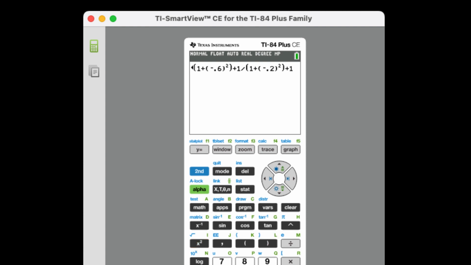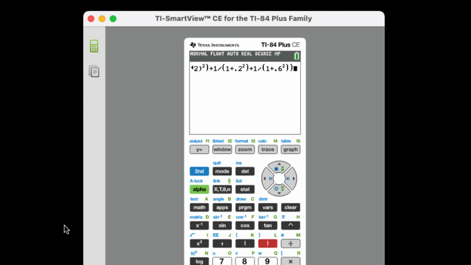Plus a 1 divided by, now they're positive. So I put my parentheses. 1 plus 0.2. Square that. Close that parentheses. Plus the last one. 1 divided by 1 plus 0.6, square that, close that parentheses twice.